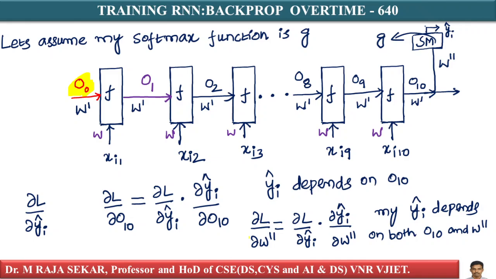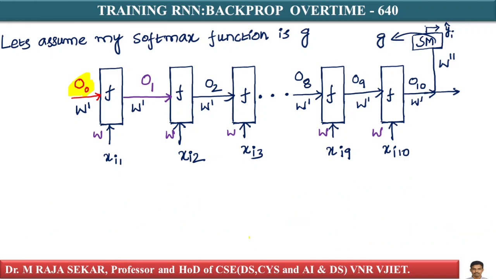My yi cap depends on both O10 and W double dash, isn't it? I'm back propagating over time. That's why RNN back propagation is called back propagation over time, because these arrows are in the forward direction. You just have to reverse them, isn't it?